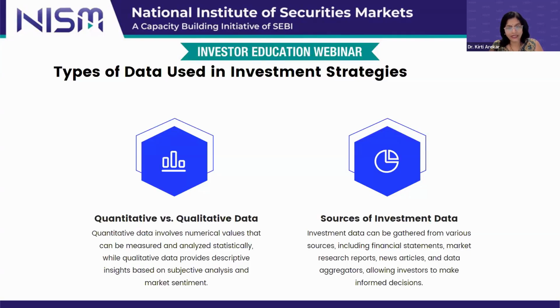There are interest rates, inflation rates, GDP growth, industrial production index, and government policy changes, because those also impact your investment strategy in a data-driven approach. The investor also decides which sector or asset class to invest in based on the different policies. So that is also very important.